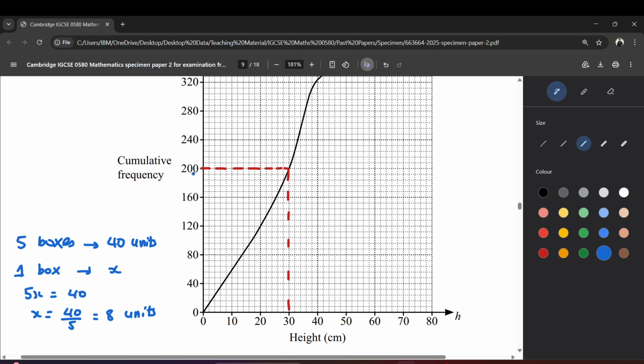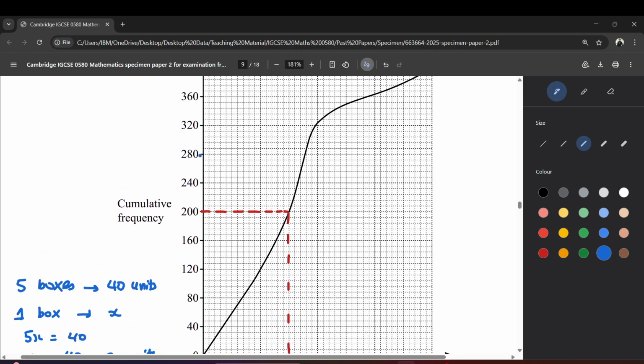Okay. So I need to find out 300, right? So after 280, you add 8 to it. So this is 288. Then you have 296 and then you have 304. So 300 should be exactly halfway between these two boxes. So let me just draw a line, keeping in mind that this is halfway. So this is where it connects over here. Now you draw a straight line all the way down.